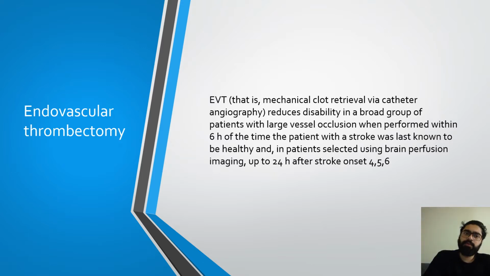Then coming to endovascular thrombectomy, or EVT, that is mechanical clot retrieval via catheter angiography, it reduces disability in a broad group of patients with large vessel occlusions when performed within 6 hours of the time the patient was last known to be healthy, and in patients selected using brain perfusion imaging up to 24 hours after stroke onset.